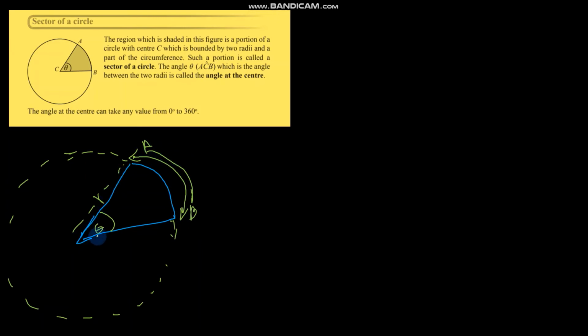As I mentioned, this does not include this one. The arc portion from here to B is equivalent to theta divided by 360 multiplied by 2 pi r. The reason is this is a proportion. What we are trying to find out is the proportion to the entire circle, and from that we figure out the arc portion, right?